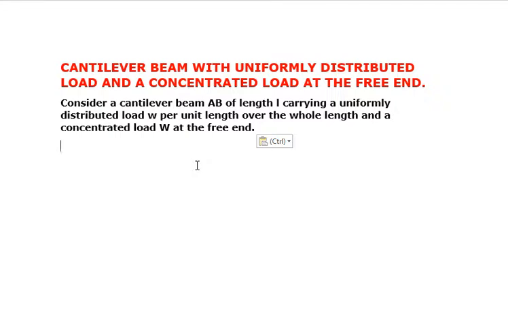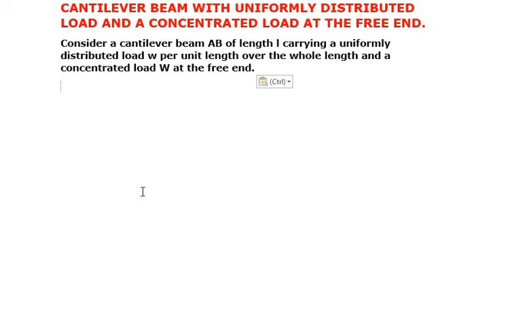Consider a cantilever beam AB of length L carrying a uniformly distributed load w per unit length over the whole length and a concentrated load W at the free end. So this is the topic.